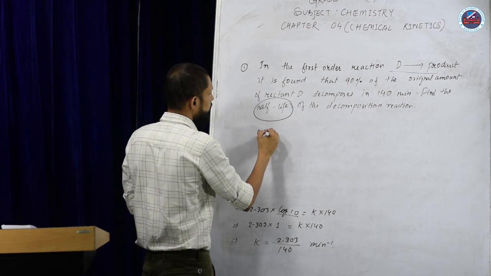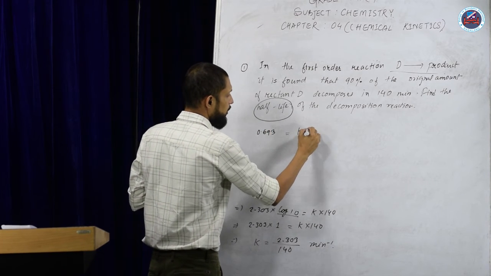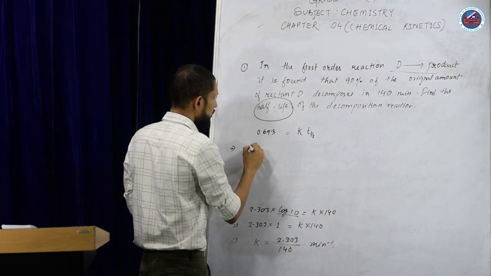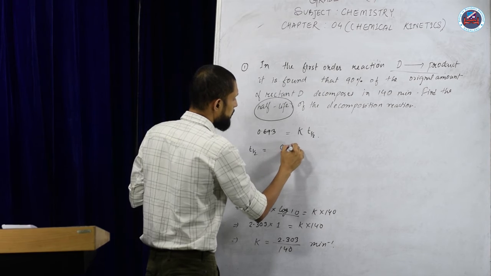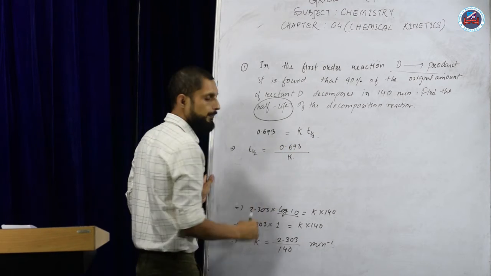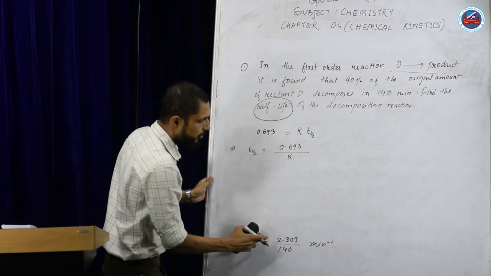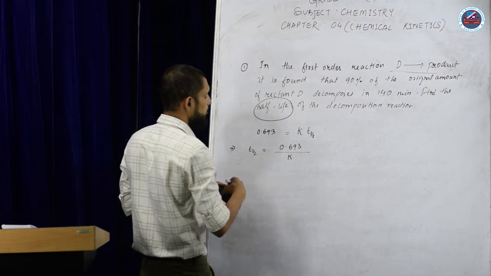So it's 0.693 equal to k t half. So from here we can write t half is equal to 0.693 by rate constant k. And the value of the rate constant is 2.303 by 140 per minute.